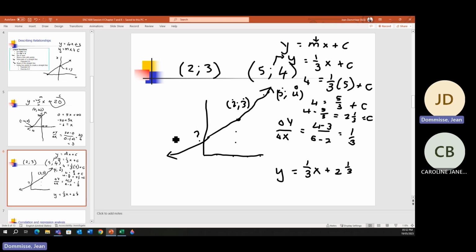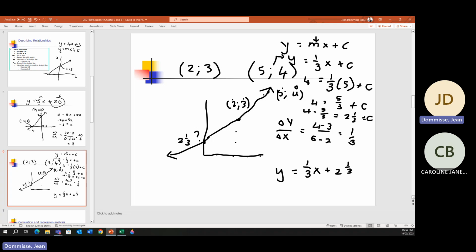And this would be now 2 and a third, which is a weird number, but it's because I just picked random numbers. Normally, if you need to do something in the exam, it will not be strange numbers like that. It will be full numbers, a 3 or 4, 5 or something like that.